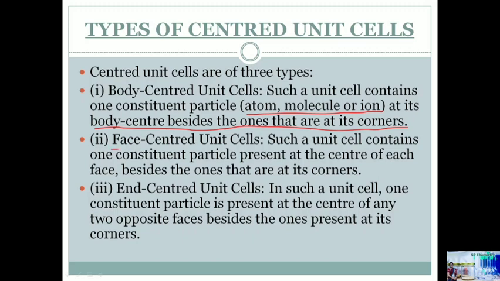Then face centered unit cell. Such unit cell contains one constituent particle present at the center of each face. It is very easy to remember. Face centered means one constituent particle present at the center of each face, besides the ones that are at its kernel, right?